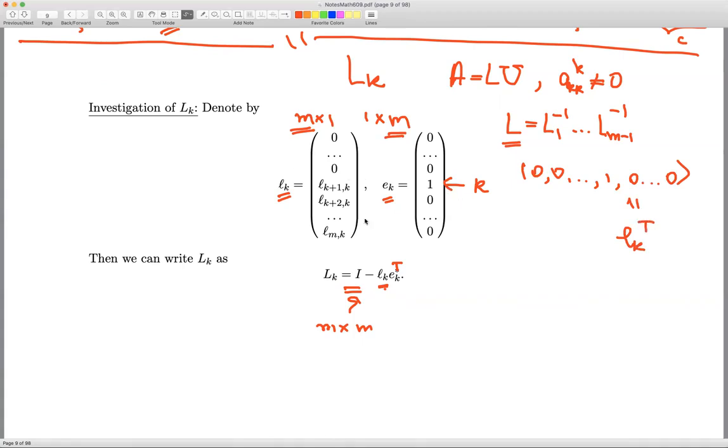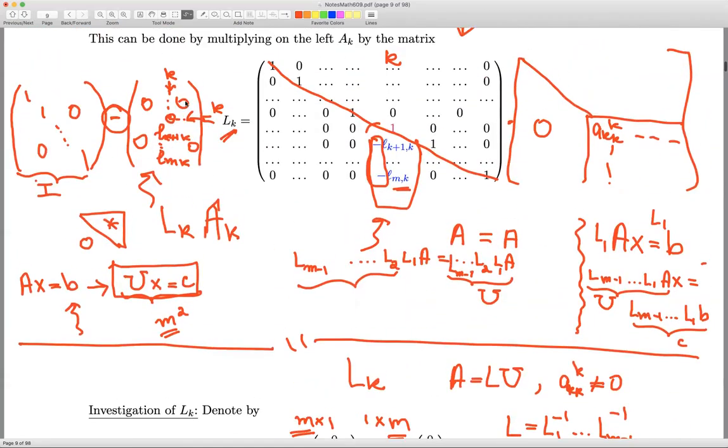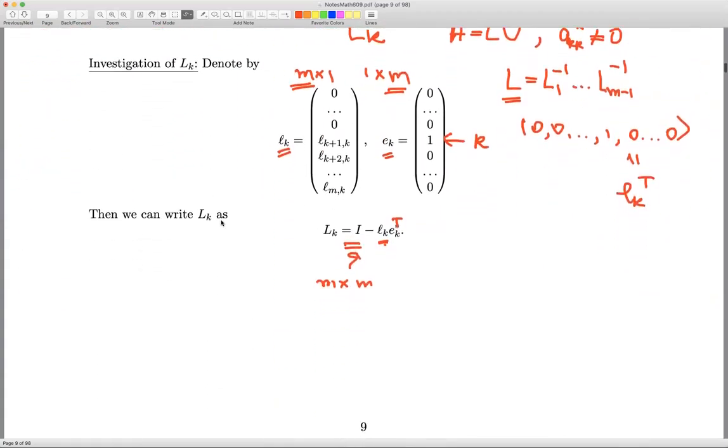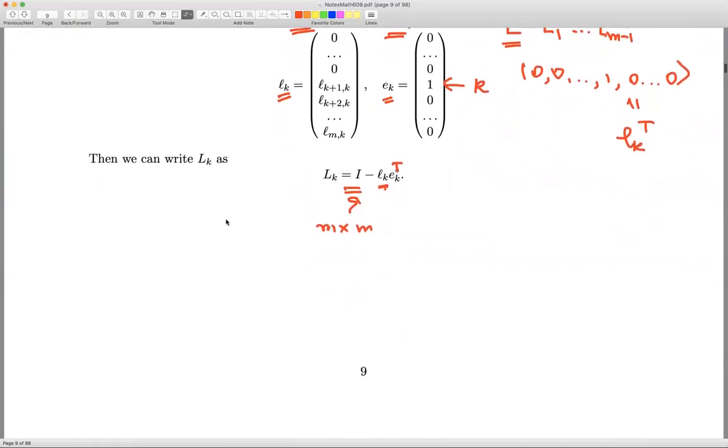If you do this multiplication with lk and ek transpose, using the rules of matrix multiplication, you will end up with exactly this matrix that has zeros everywhere, except that on the kth column, all the elements below the main diagonal are the corresponding l's. And therefore, we have another representation of the matrix Lk.